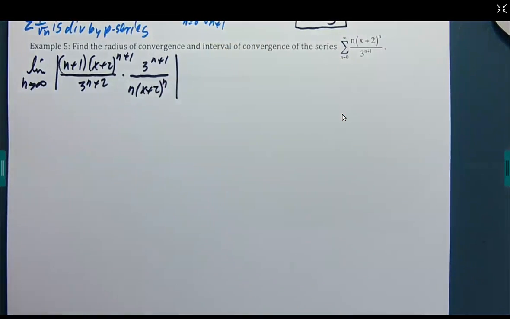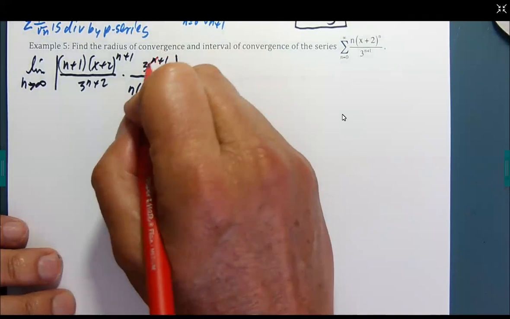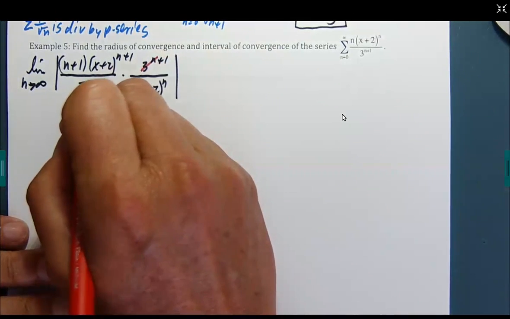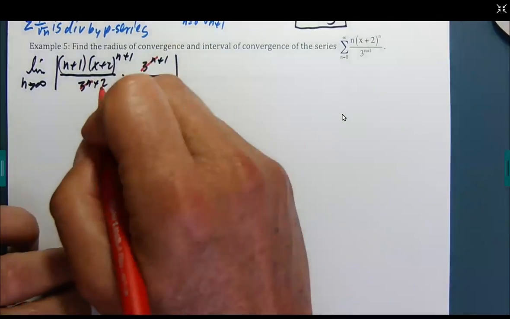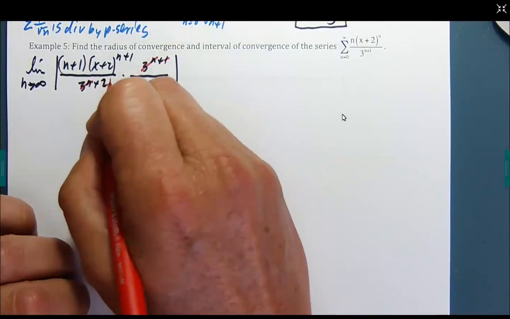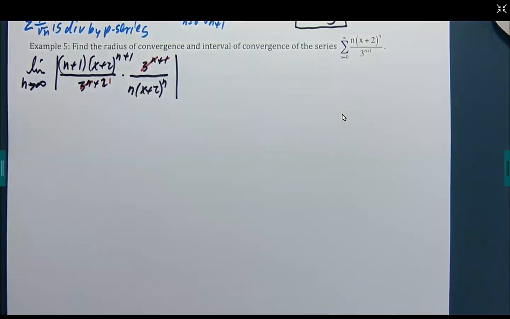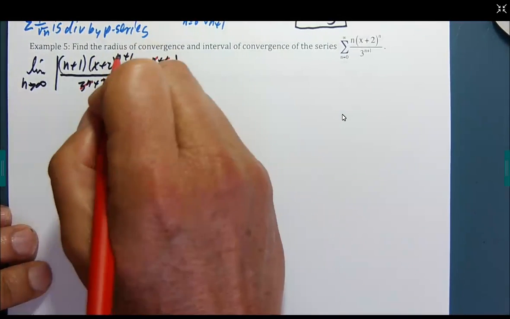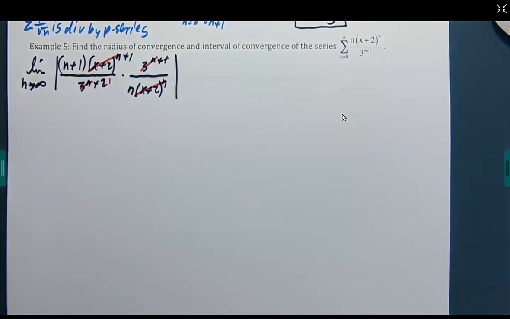So I'm hoping we can see 3 to the n is gone. And actually, the 1 reduces with the 2, so it's just going to be 3 to the first power. That is gone as well.